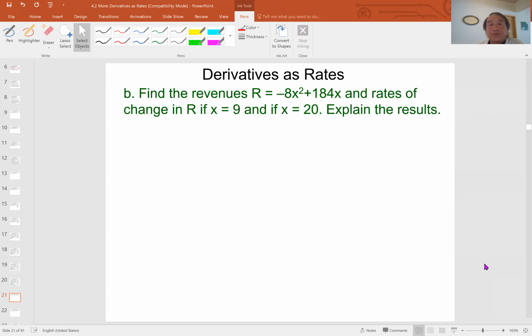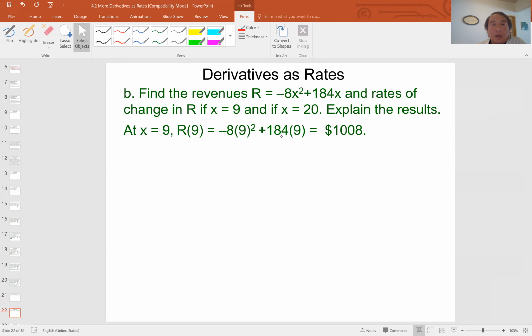So we have these revenue formulas, and now this asks us to take the derivatives and find the rate of change when the price x is 9, meaning the price set at $9, and also find the rate of change when x is $20. And what does it mean?